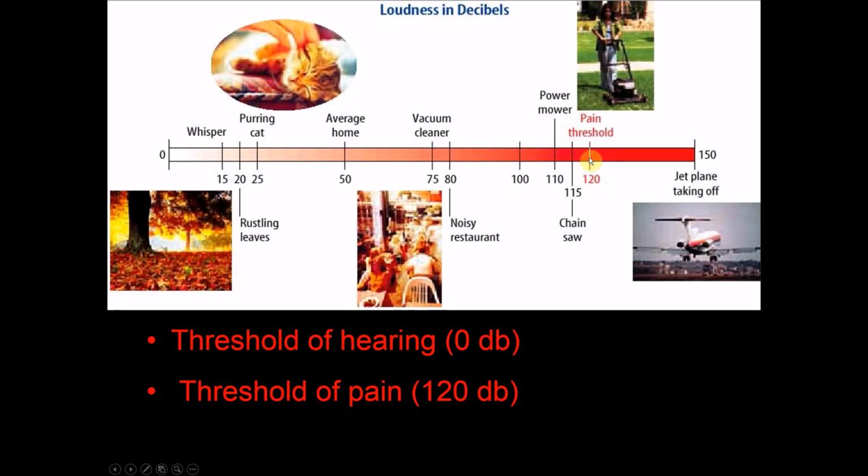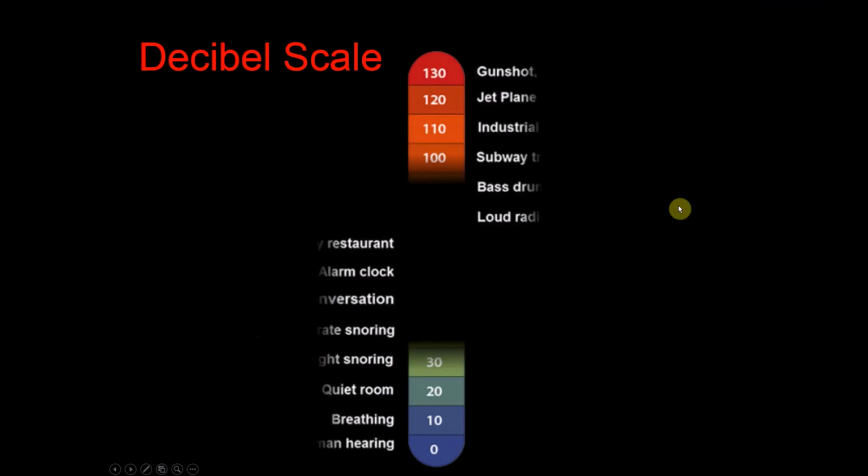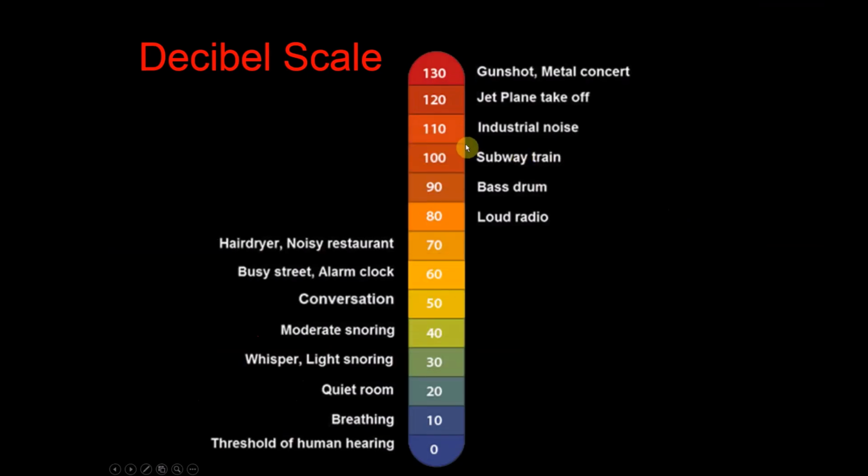Then we have a pain threshold for human hearing of about 120 decibels. Jet planes are at about 150. So this is the scale you should expect to see. Industrial noise is at about 110, and then conversation, snoring, etc.